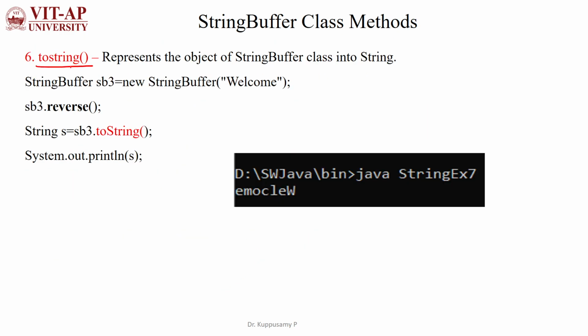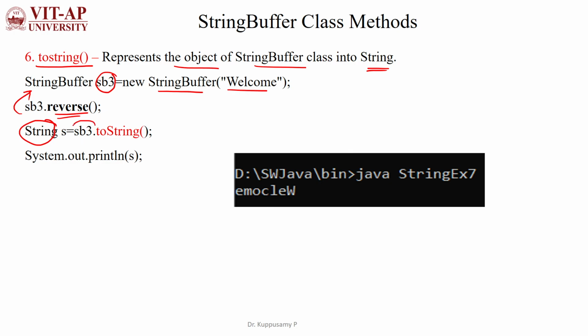And another one is the toString method. It is representing the object of the string buffer class as a string. So SB3 is the variable object created by using the string buffer class, which is having welcome. So here we are reversing the string. Suppose from the string buffer class you want to convert into a string variable, string buffer is a different class, string is another class.